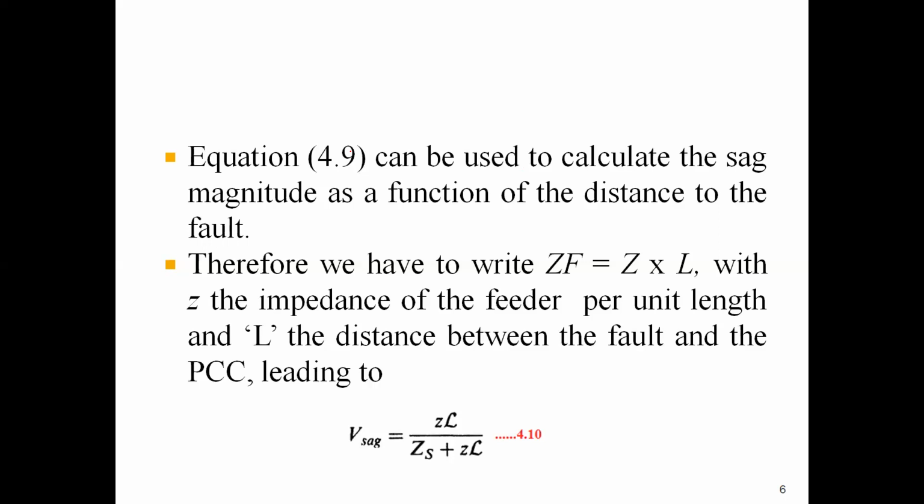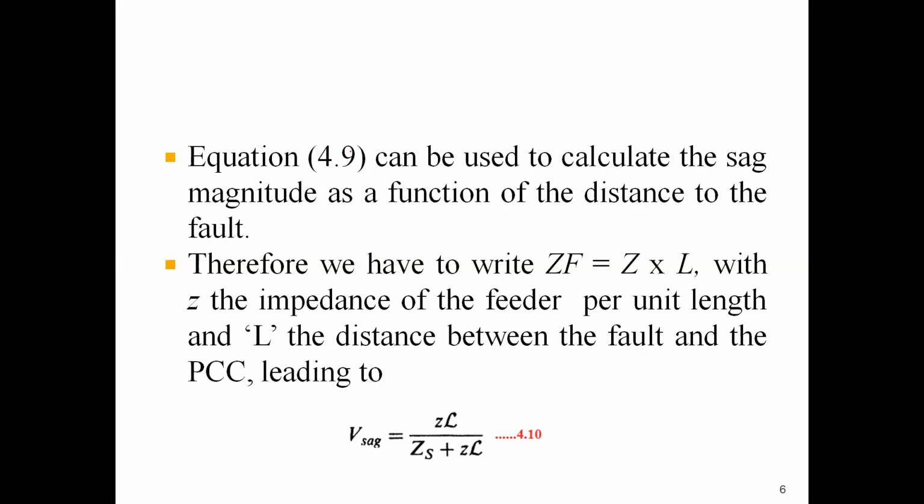Therefore, we can replace the feeder impedance in terms of the distance, or length, by replacing ZF as Z into L, where Z is the impedance of the feeder per unit length and L is the distance between the fault and the PCC.